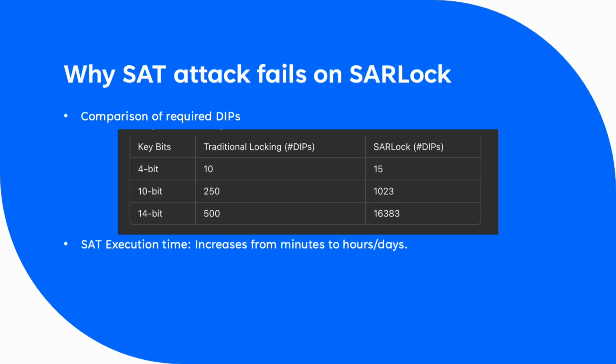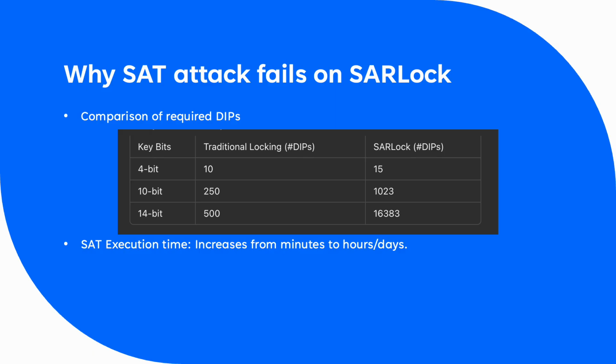Why does the SAT attack fail on SARLock? The key reason is the exponential increase in the number of DIPs required. In traditional logic locking, each DIP can eliminate multiple incorrect keys, but in SARLock, each DIP eliminates only one incorrect key. This means the attacker would need 2 to the power of k DIPs, where k is the number of key bits.